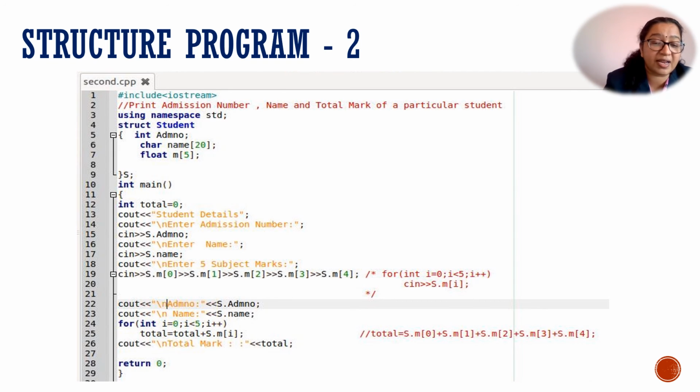For total I didn't put s dot because it is an independent variable. M is the element of s, so we write s.m with i in the square bracket. So inside s, m[0], m[1], m[2], m[3], m[4], these values will be added to total. Then print out the total mark.